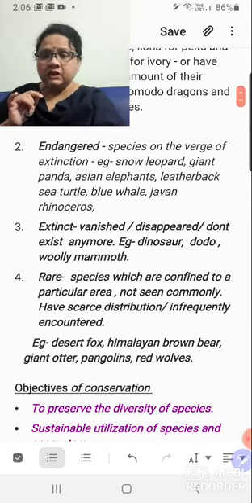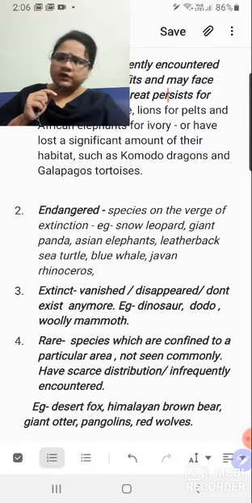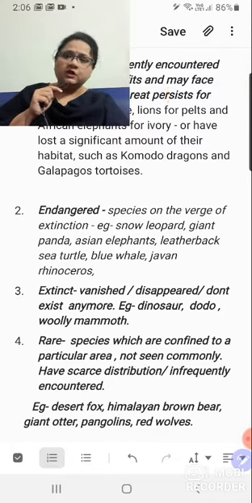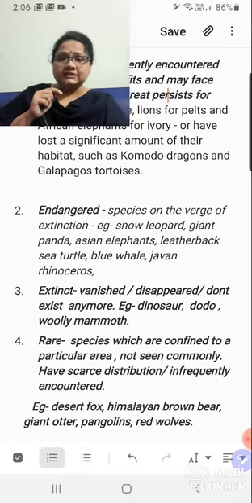And let me tell you that such definitions along with the examples are straight questions in boards for 2 marks, right? And apart from these, if you remember my last WhatsApp video, you must have noticed that I highlighted two words, endemic and exotic. These two words are also to be known, because anytime you will be asked, what do you mean by exotic species or what do you mean by endemic species?